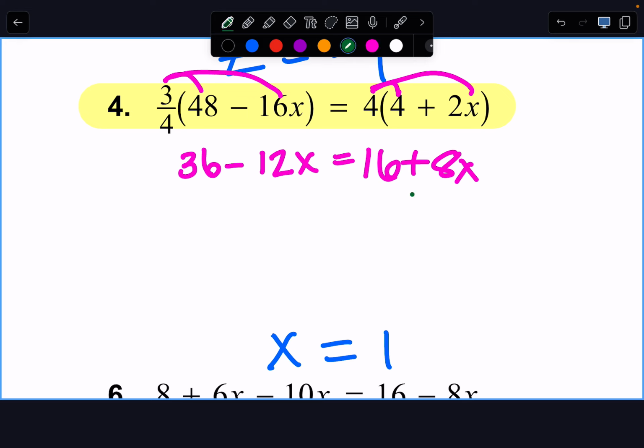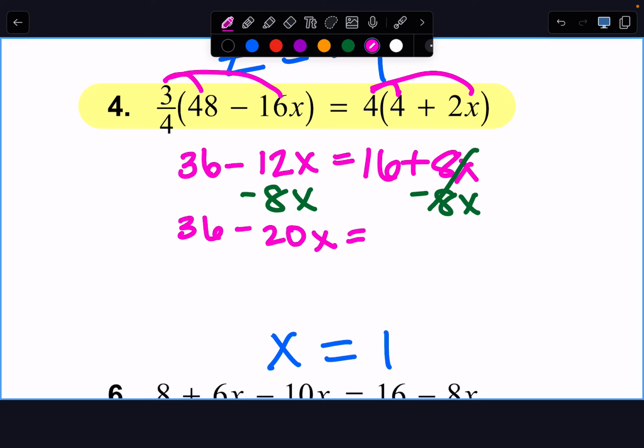So I'm going to subtract 8x so that these undo. And we have 36 minus 20x equals 16. I know some of us are having trouble. I don't know whether I should add or subtract 36. Well, this is what you ask yourself.